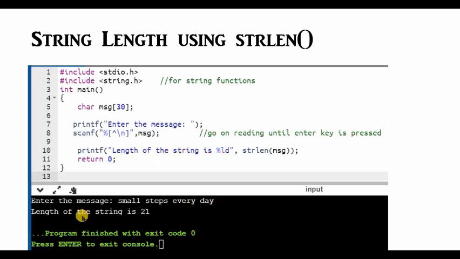I give the same message and it prints the length of the message as 21 again. All that logic that we had implemented previously is already written inside this function. So by just calling this function, we are able to get the length of the string. This is a ready-made function in the string library to find the length of the string.